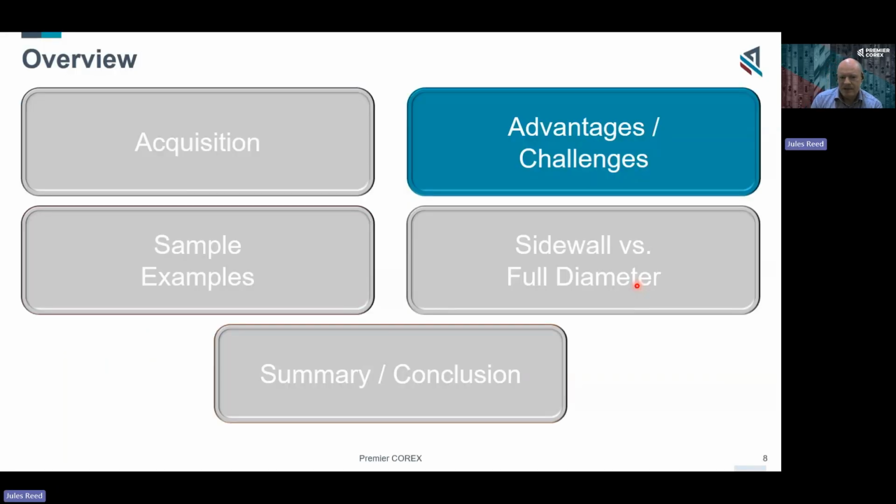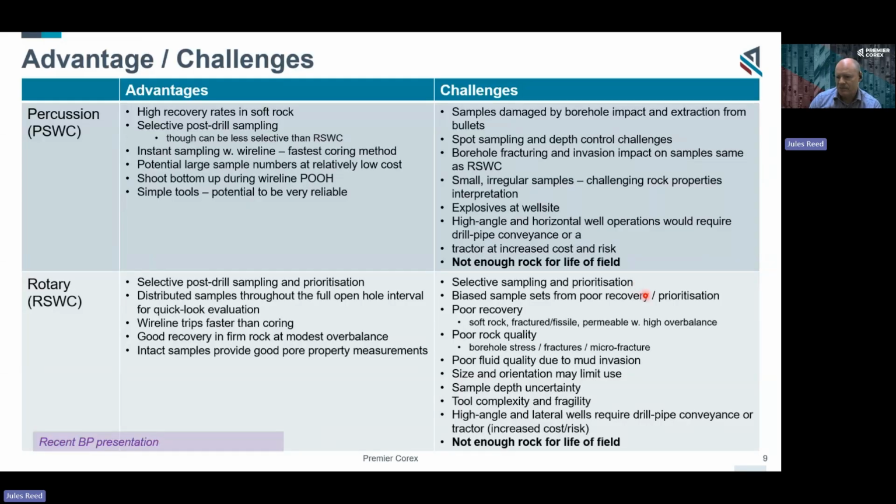So looking at some of the advantages and challenges with different sidewall core types. So we've got the percussion type and we have the rotary type. And this information came, some of it, from a recent BP presentation at LPS, the London Petrophysical Society, this year. Some of the advantages of percussion sidewall cores is that they generally can have higher recovery rates in soft sediments, soft rocks.